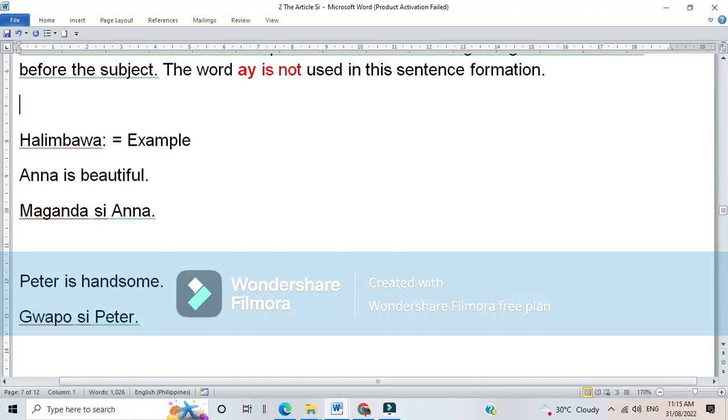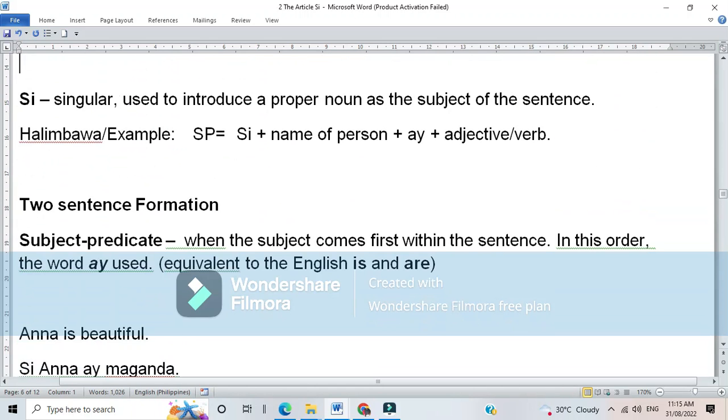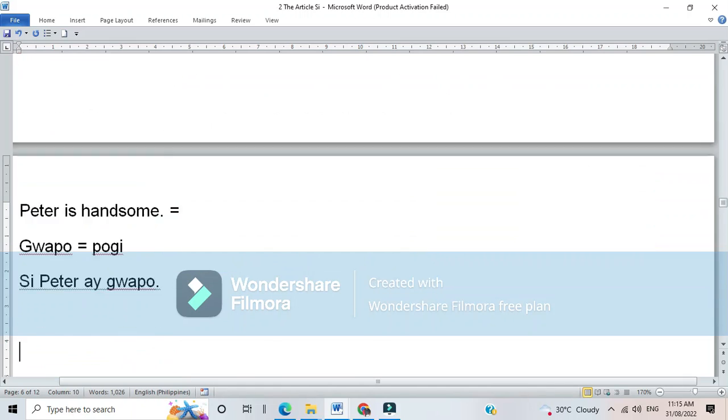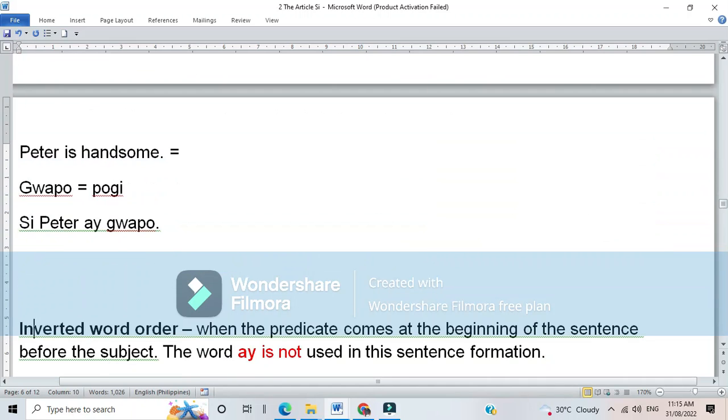That is our sentence formation. For the subject predicate, the subject comes first and you are required to use ay. Ay is equivalent to is and are. For the inverted word order, start with the predicate and no need to use ay.